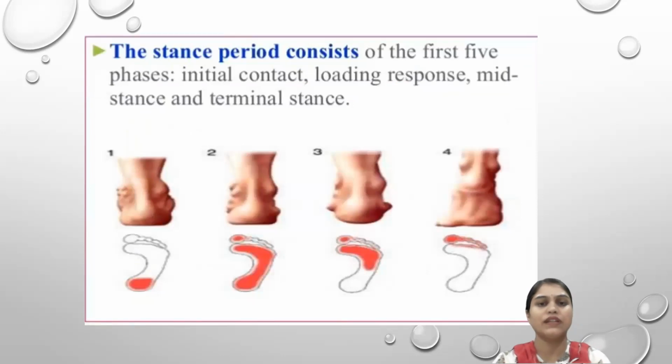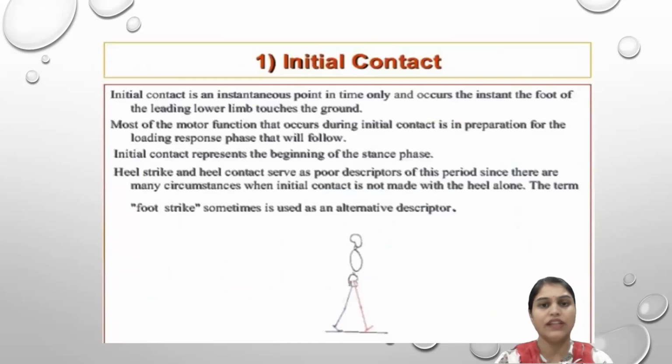The stance period consists of the first five phases: initial contact, loading response, mid stance, terminal stance, and pre-swing. Initial contact is an instantaneous point in time only and occurs the instant the foot of the leading lower limb touches the ground.